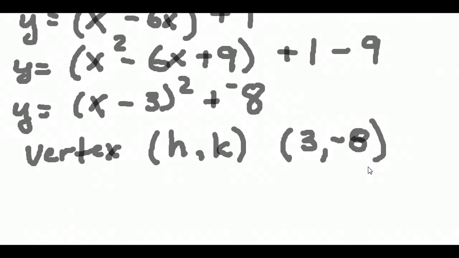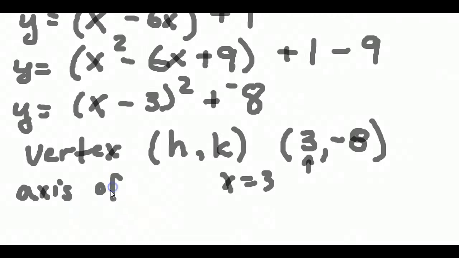So when we're looking at the axis of symmetry, that's always the x point on our vertex, which in this case is a 3. So our x equals 3 for the axis of symmetry. So that's our second answer. And then the last thing we're looking at is whether this is an upward opening graph or downward.